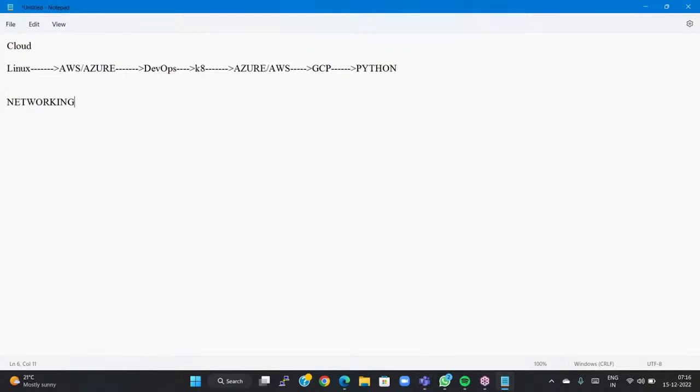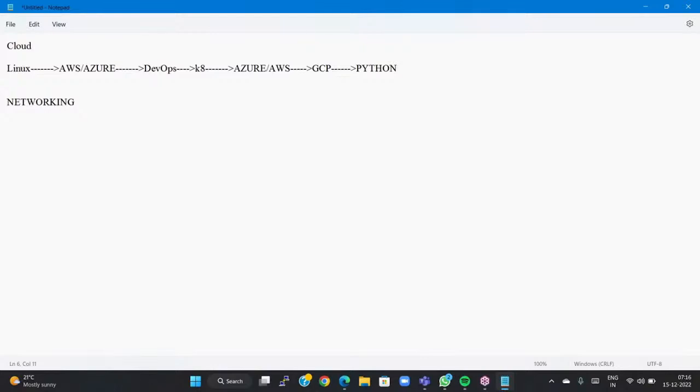What is meant by a network, how we are going to configure a network, what is meant by an IP address, how one computer will communicate with another computer, what the different classes of IP addresses are, and what is meant by CIDR. These are all the things that you need to understand. So yes, networking is also mandatory. I will not say that the complete networking is mandatory, but yes, you need to have a basic understanding of networking also.